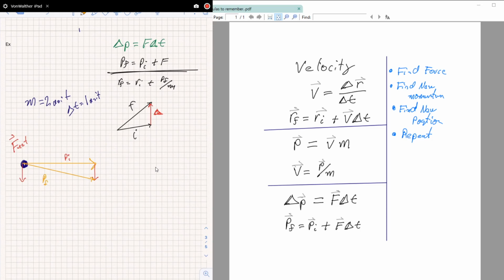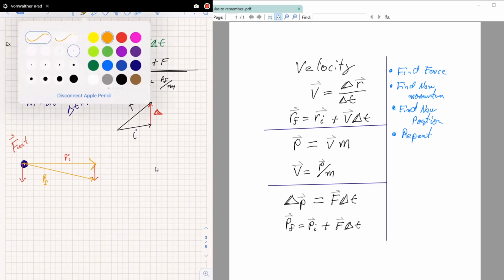Now, step 2, find the new position. We notice that the mass of the object is 2 units. And we remember that momentum is defined as velocity times mass. So to find the new position, let me put this a different way.